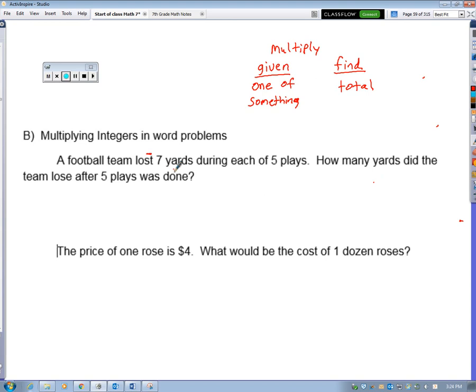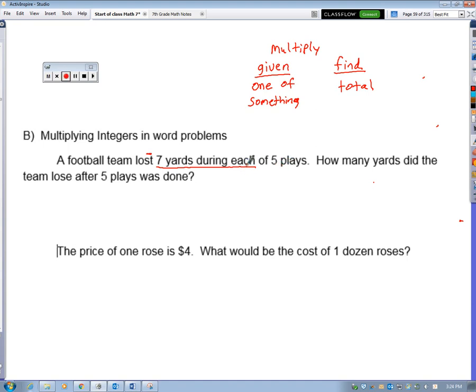And here's where I want us to look at what is given. The given is they're telling us what one of something is. And here it is right here: 7 yards during each of 5 plays.